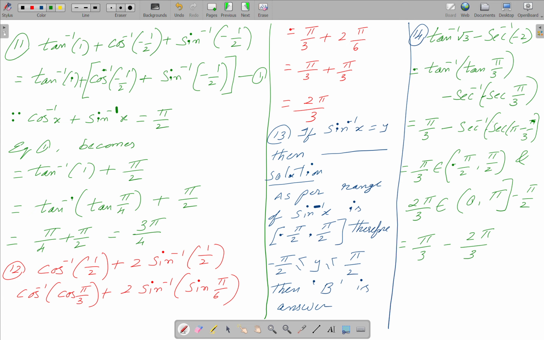Here it is minus. Answer: minus pi by 3, answer B.